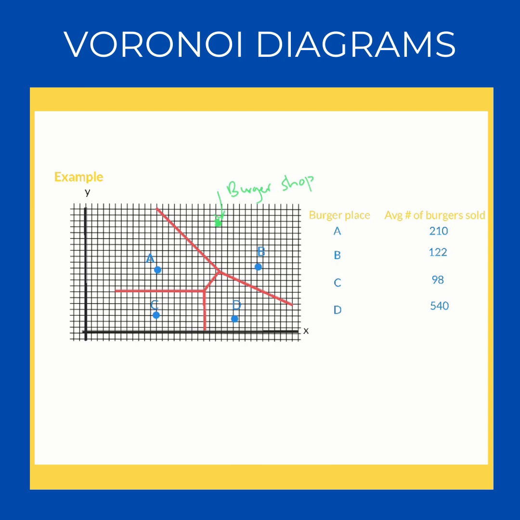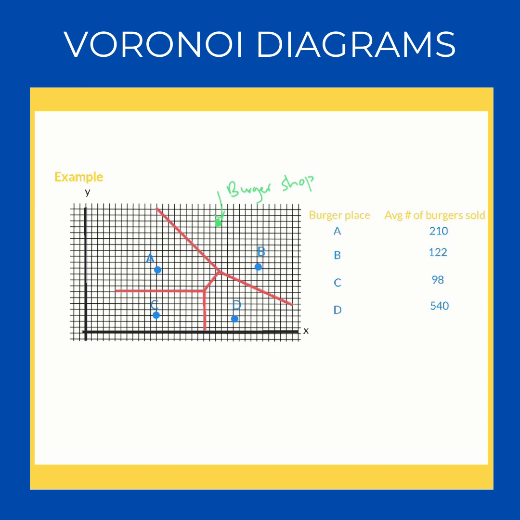To estimate the average number of burgers that this new shop will sell, I'm going to use the nearest neighbor interpolation method. Since this shop is within this region, it's closest to B, so I need to look at the burger place B and extract from this table the average number of burgers sold at B. We find out that the average number of burgers sold is 122.